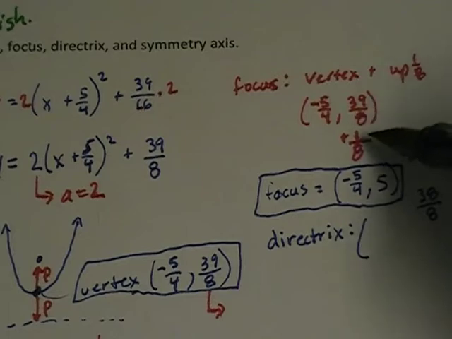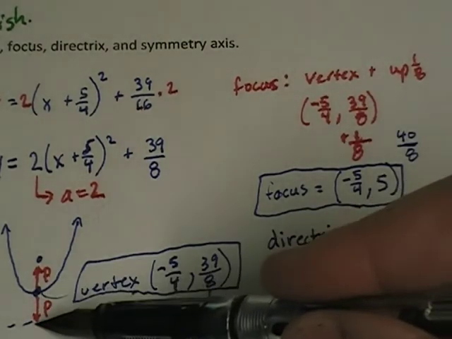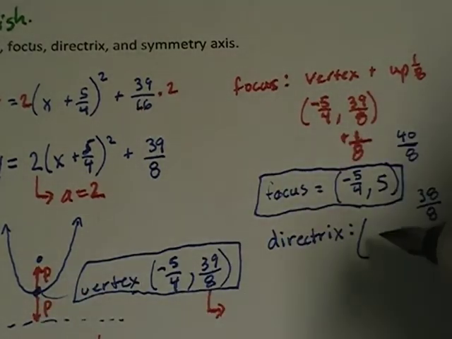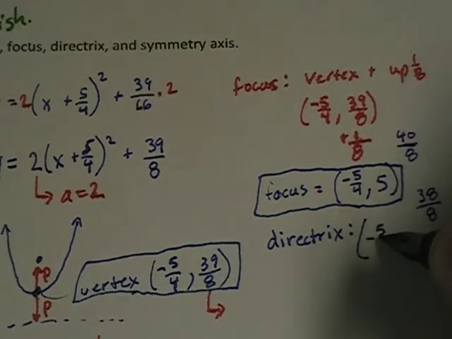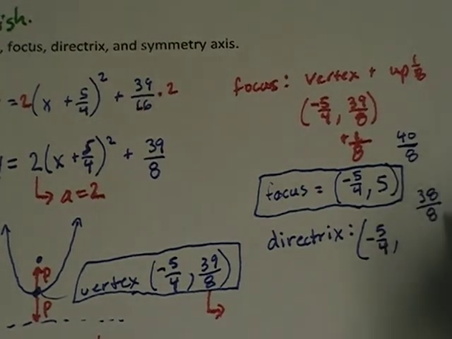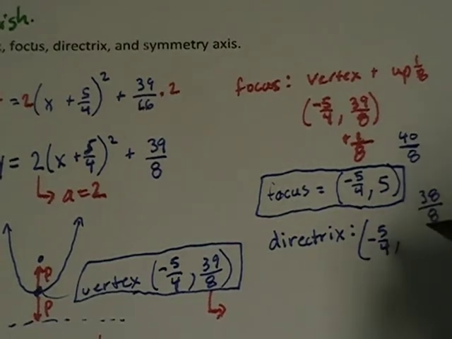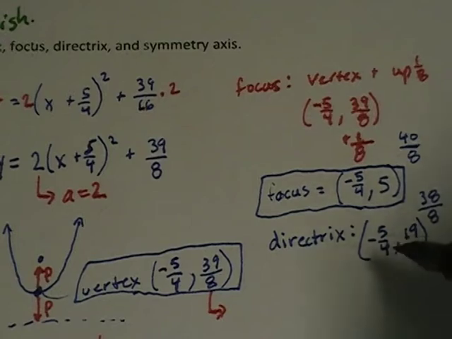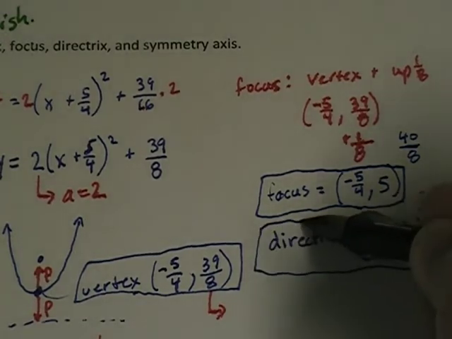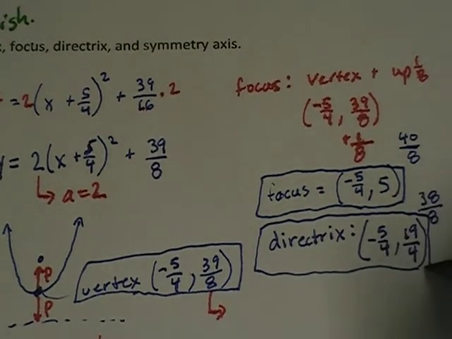And it's going to affect the y value because it went down from the vertex. So this is going to be -5/4. And again, you have to reduce this. Well, 38/8 is 19/4. And I don't think it reduces past that. So this will be 19/4. If it reduces more than that, I don't see it. Okay? So here we go.